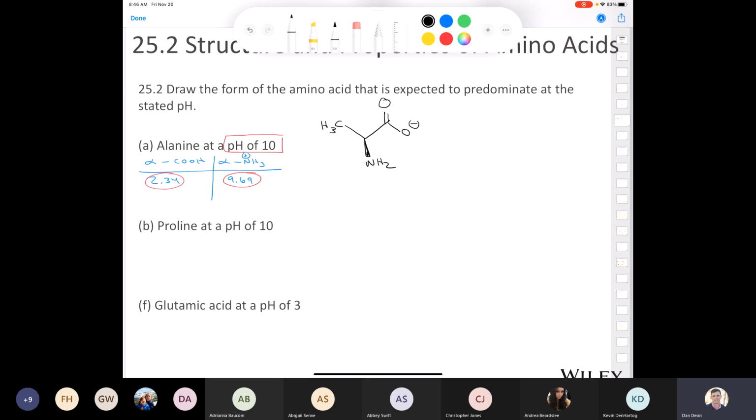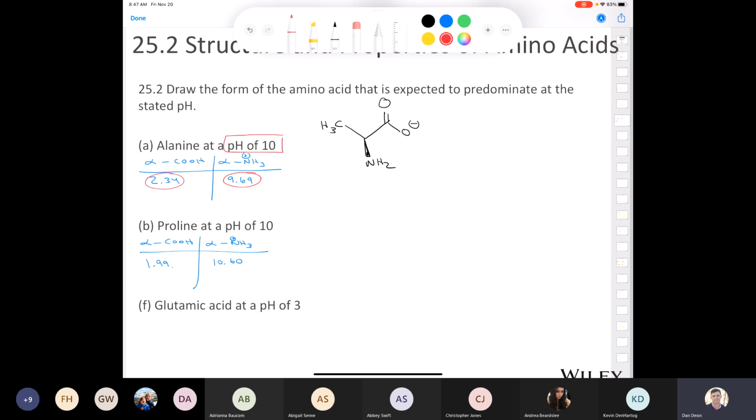Let's try proline. Exact same strategy. I'm going to give you the pKa's of the alpha carboxyl. It is 1.99, and the alpha protonated amine has a pK of what? 10.60.